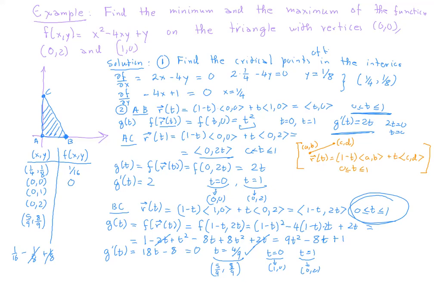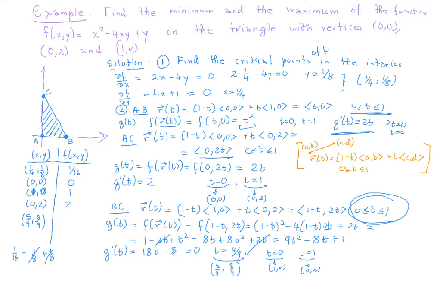Plugging in 0, 1 is again pretty simple, it gives you 1. Actually, it was not 0, 1 that I should have written here, it was 1, 0. And 1, 0 will give us again 1. So we're in good shape. And if we plug in 0, 2, we're going to get simply 2.